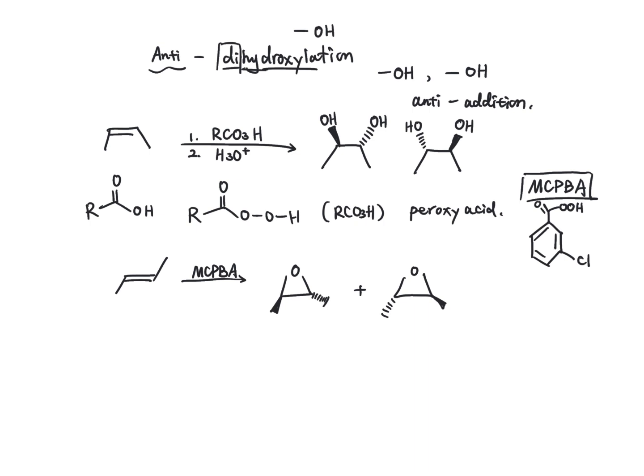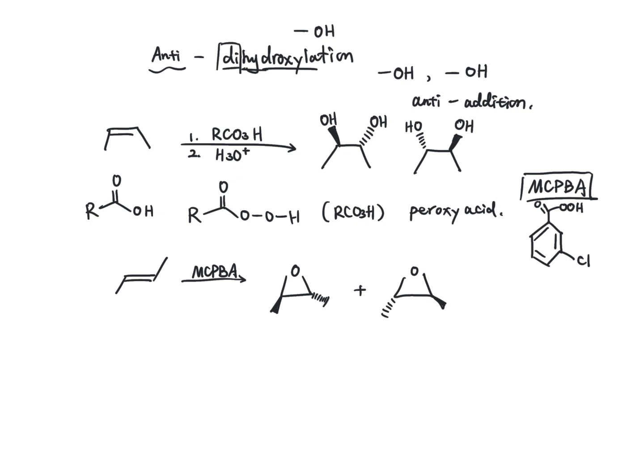Okay, so that is the product from the first step. Because these two methyl groups start from the opposite sides of this pi bond, they will end up on the opposite sides of the paper plane. So dash and wedge to show that.